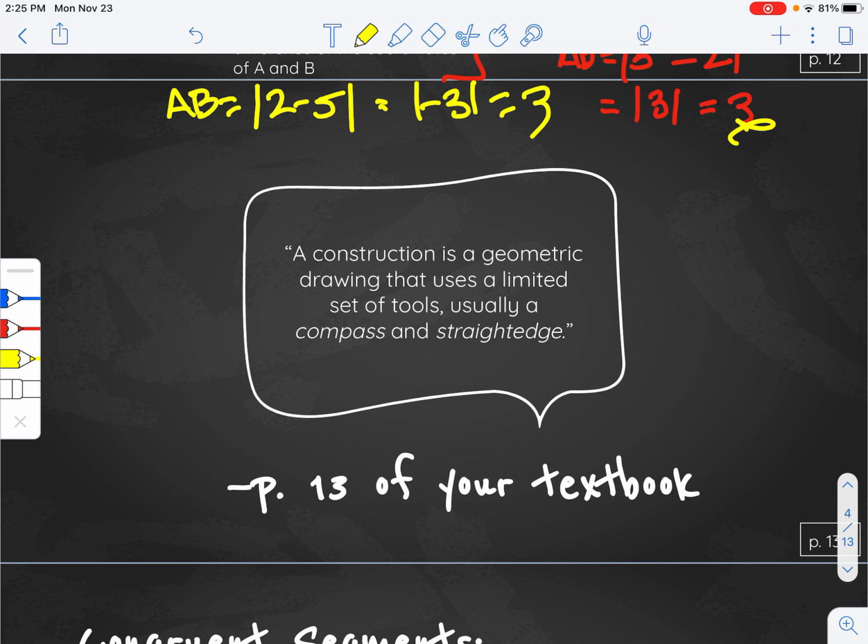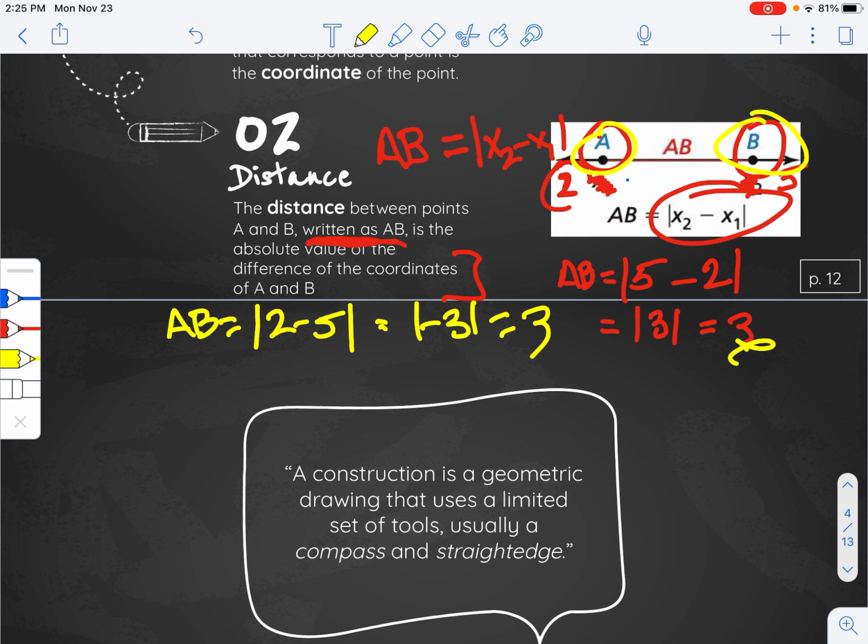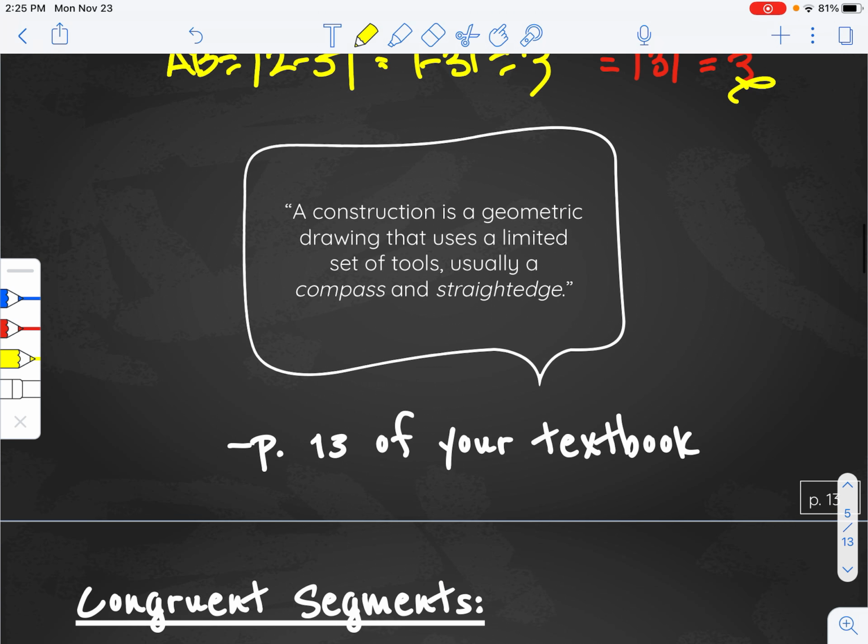If you had 2 points or a line segment on a piece of paper and they were labeled, you could use the distance formula to find the distance, or you could take out a ruler and find the distance. They could kind of check each other on that. But 99.999% of the time, we're going to use the distance formula, and we're not going to break out the rulers at this point.